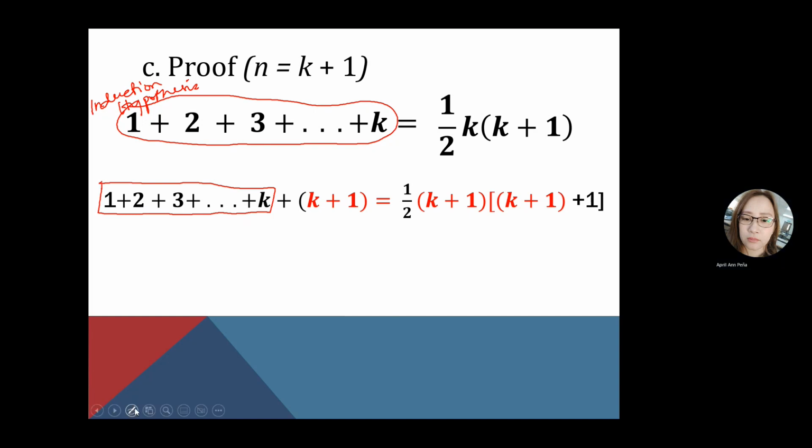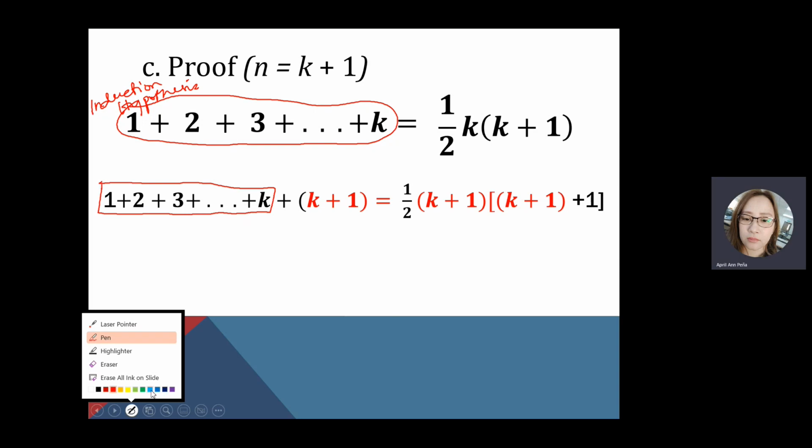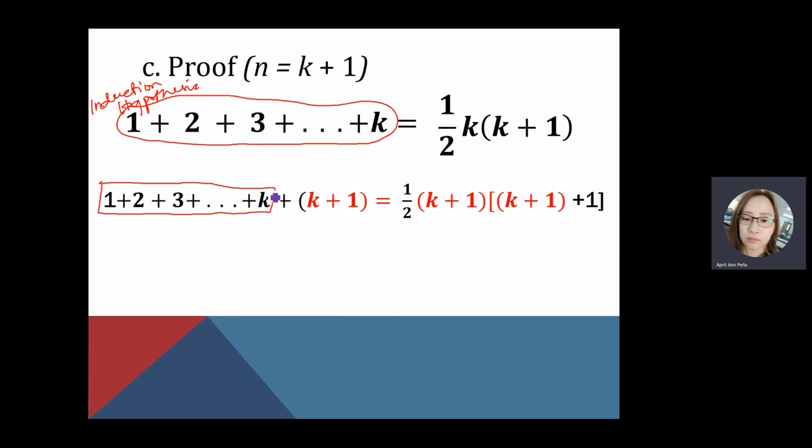After you copy this, what you need to do is duplicate the portion of the left side of the induction hypothesis in which you have the variable k. In duplicating it, it is here, okay? By the way, I'll just use the black screen here.